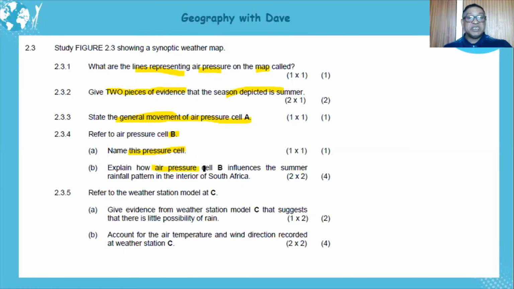Explain how air pressure system B influences the summer rainfall pattern over the interior. It's not now specific to that. You know, air is rising to create the low pressure. All right, air is rising to create the low pressure, and as it rises, okay, it's going to cool, form, condense, and if there's lots of air to create the heat low, you know the process already, isn't it?